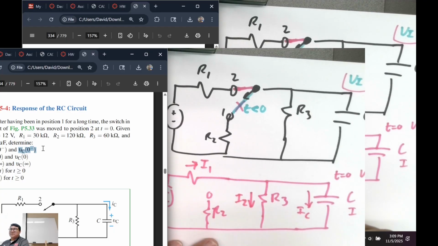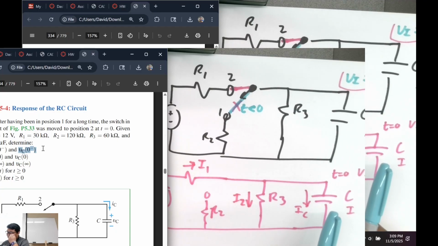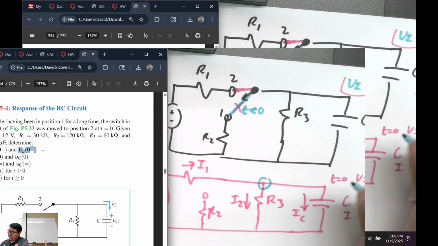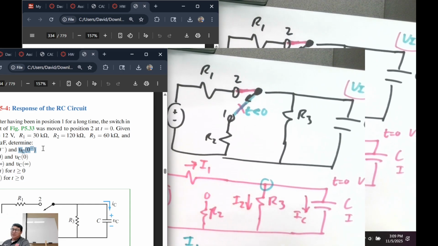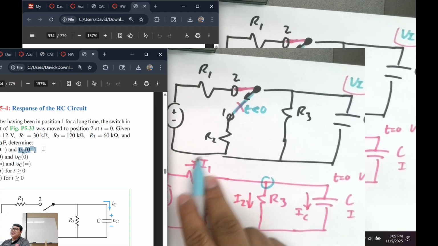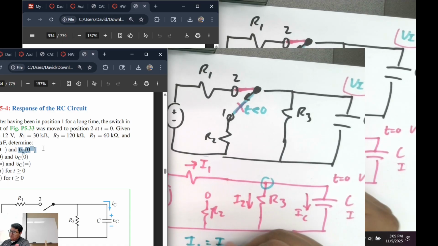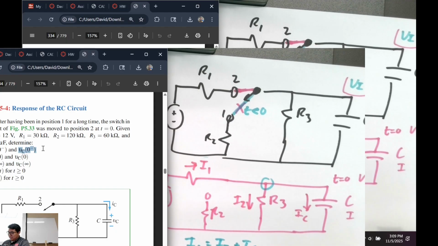KVL, right? Well, do I want to do KVL? Maybe we'll have to. Yeah, let's just do KVL. What's the current going in here? I1, current from this source. What's the current leaving? I2 plus IC. Is that good with everybody?